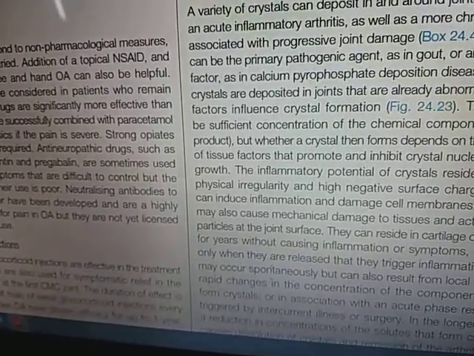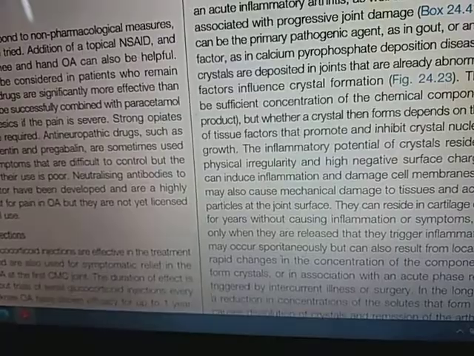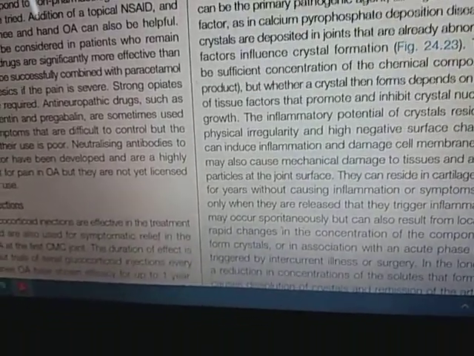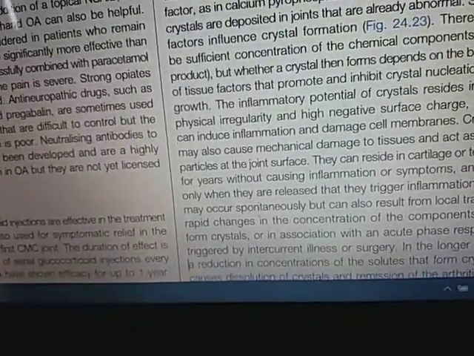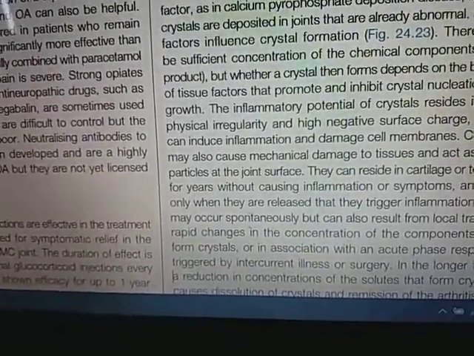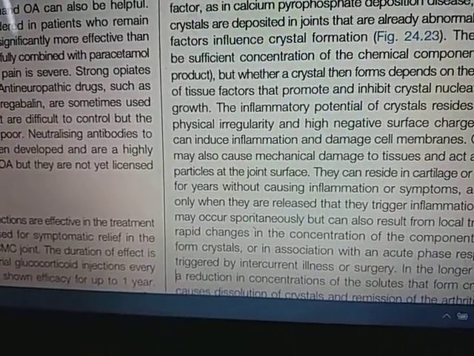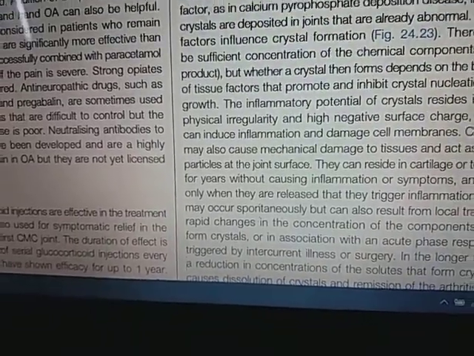For the pharmacological therapy, in addition to the non-pharmacological measures which we have mentioned, one may use paracetamol.